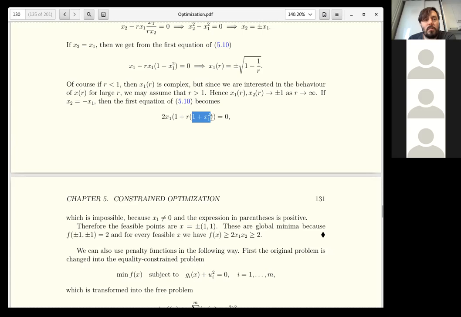This expression here is positive, and x1 was not equal to 0, so it cannot be 0. So obviously this is infeasible. So the points that we get when r approaches infinity would be points 1, 1 and minus 1, minus 1.